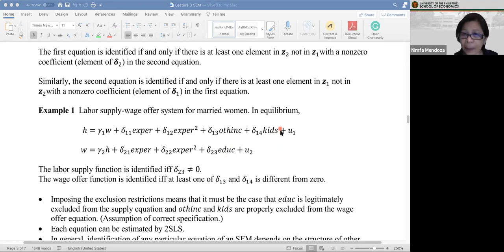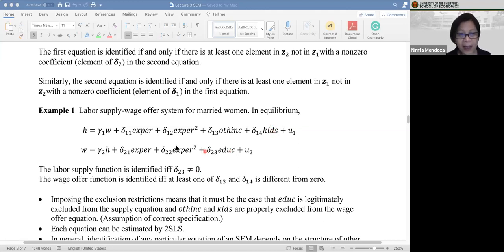That is, in the population, if you included education in the first equation, its coefficient in the first equation would be 0. That's why it does not appear in the first equation.